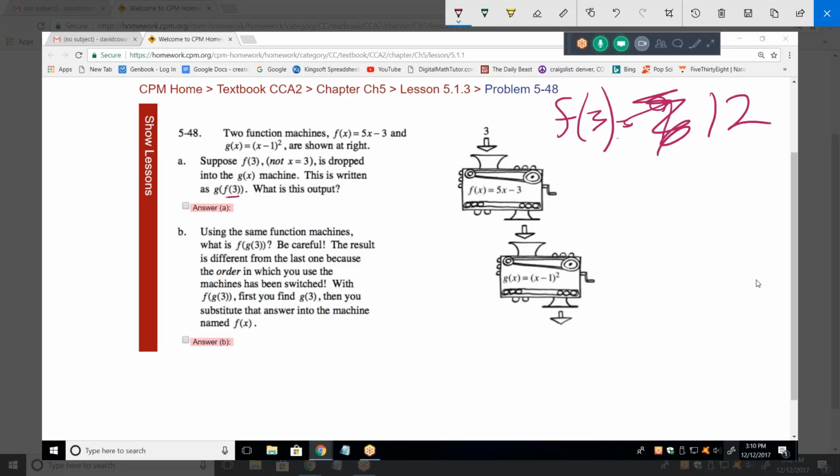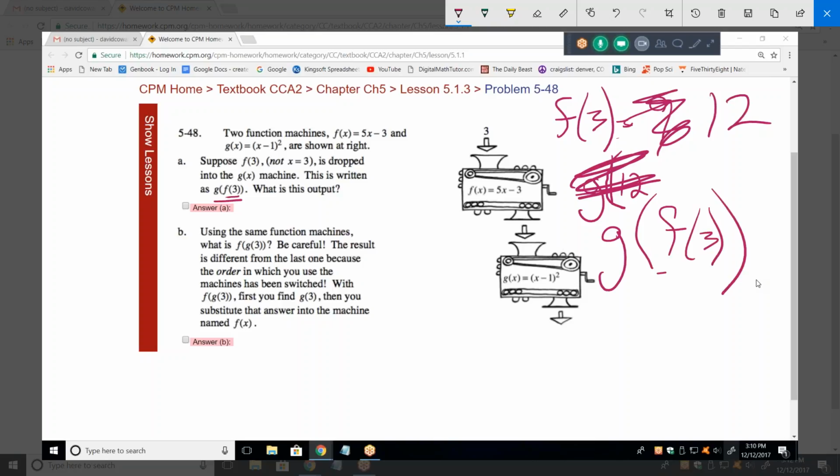So now the problem says, what is g of 12? In other words, when they say g of f of 3, we figured that out first. That's 12. So now the problem becomes, what's g of 12?